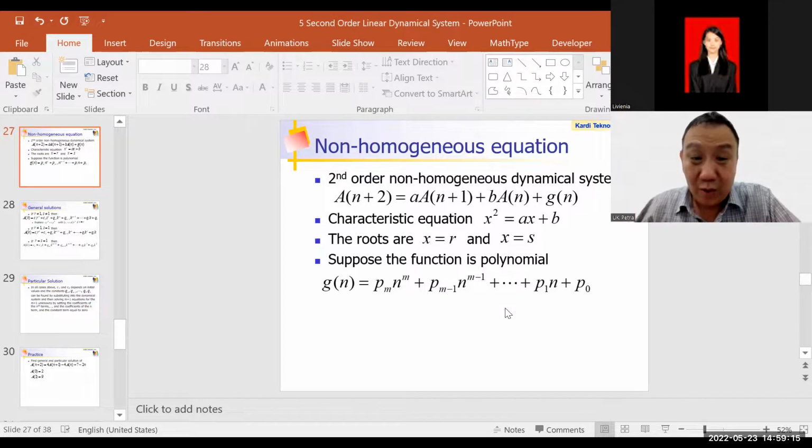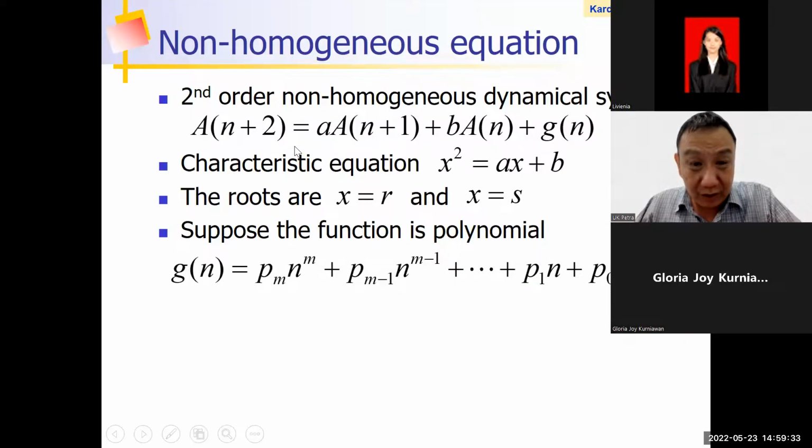Because now I can solve any order, not just second order. I can put third order, fourth order, and so on. So that's the motivation. I just use different notation here.